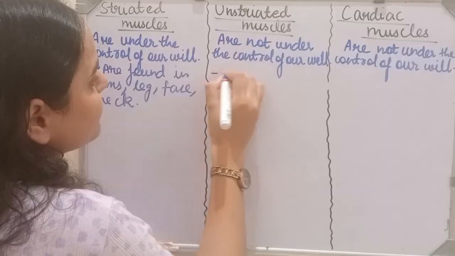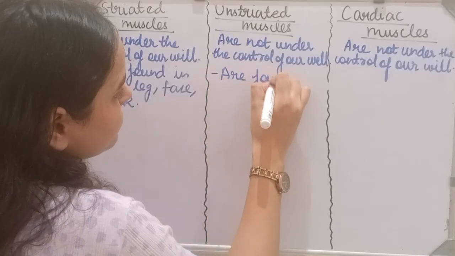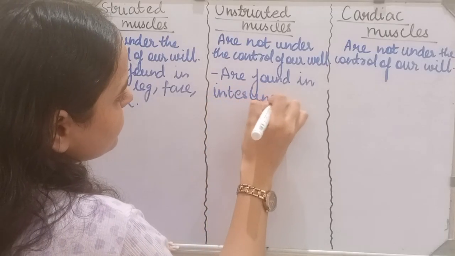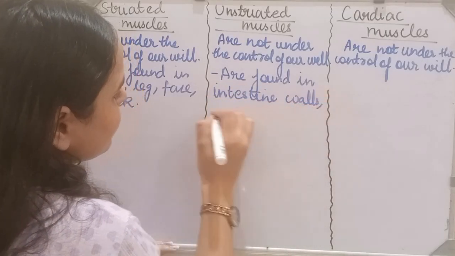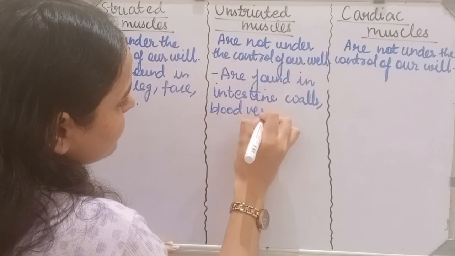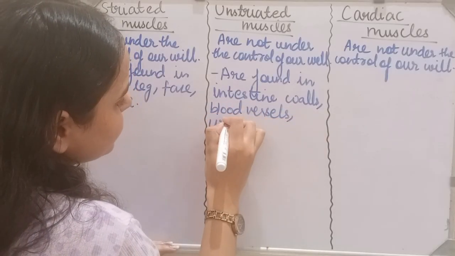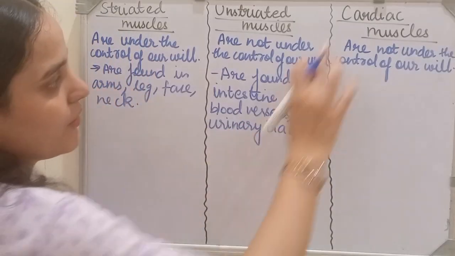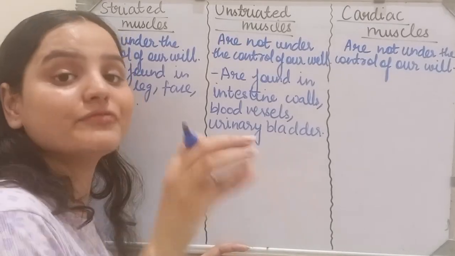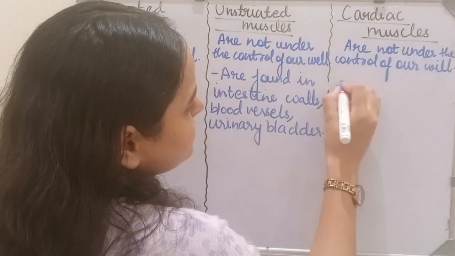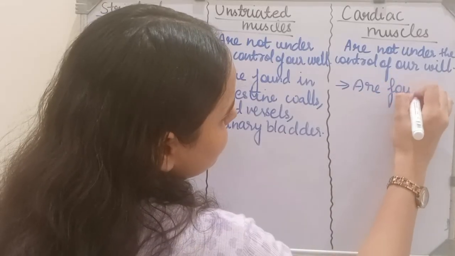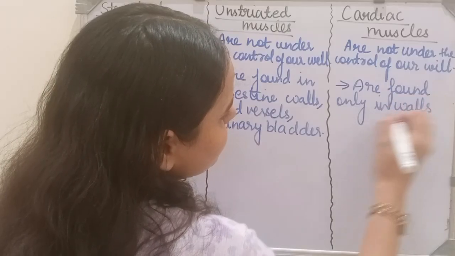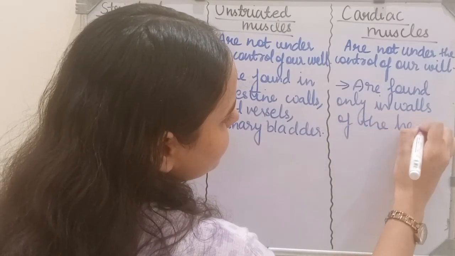Okay, so they are found in intestine walls, blood vessels and urinary bladder. Okay, now these cardiac muscles are specifically only found in the walls of the heart. So are found only in walls of the heart.